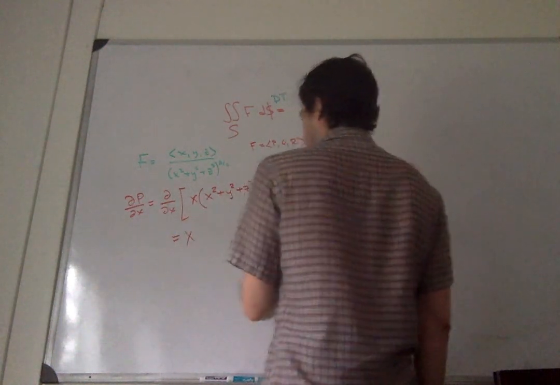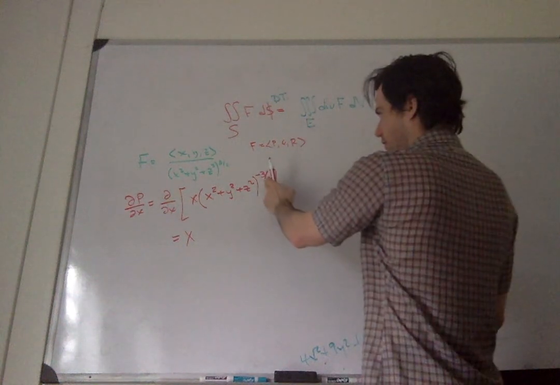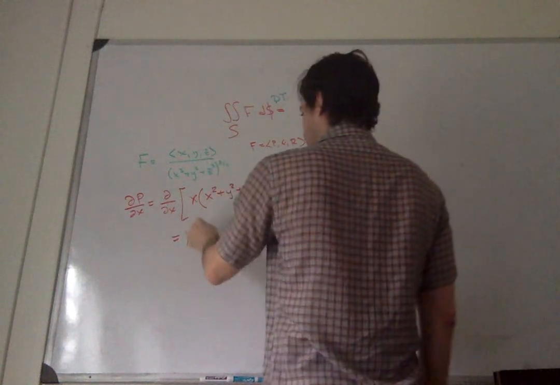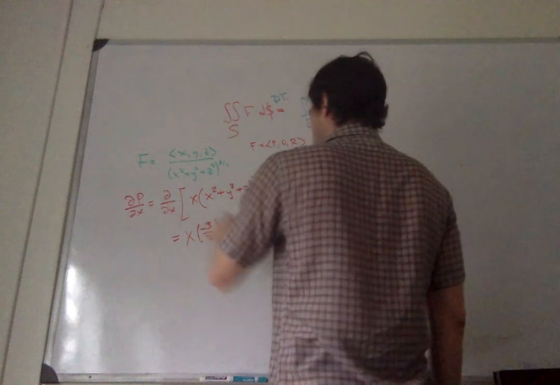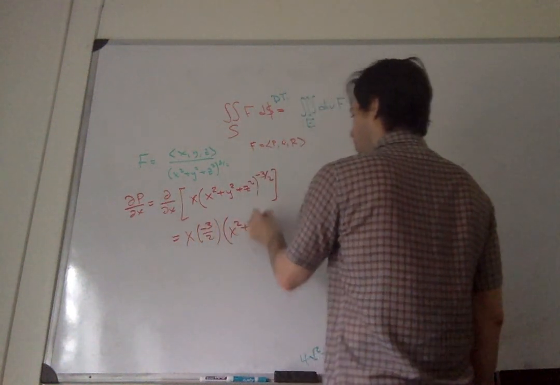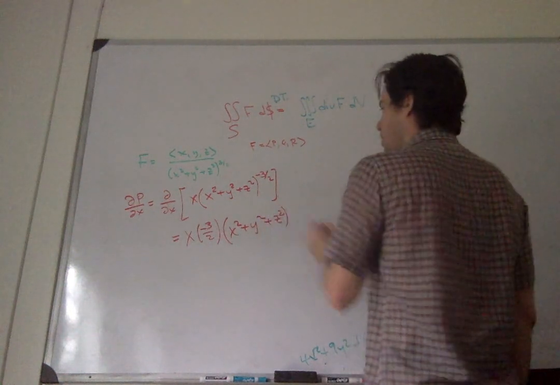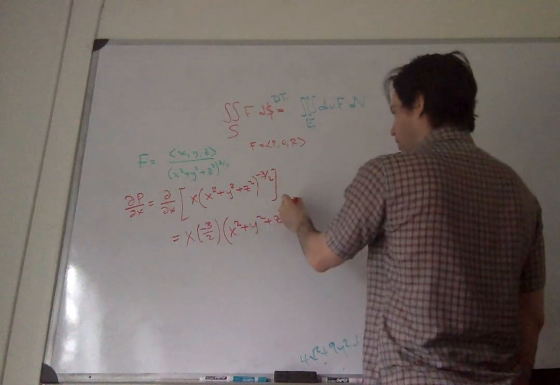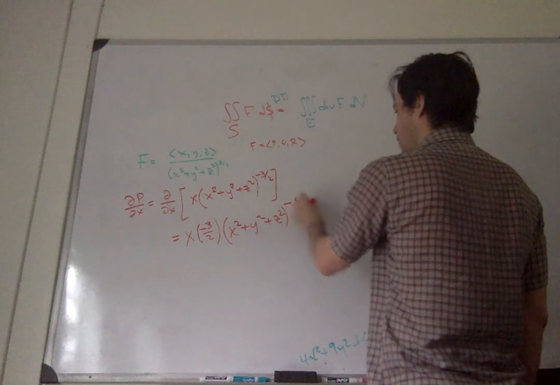So hold x constant. Take the derivative of the outside, it goes to the front. So negative 3/2, right? Inside x squared plus y squared plus z squared. Subtract 1 from here, so that's negative 5 over 2.